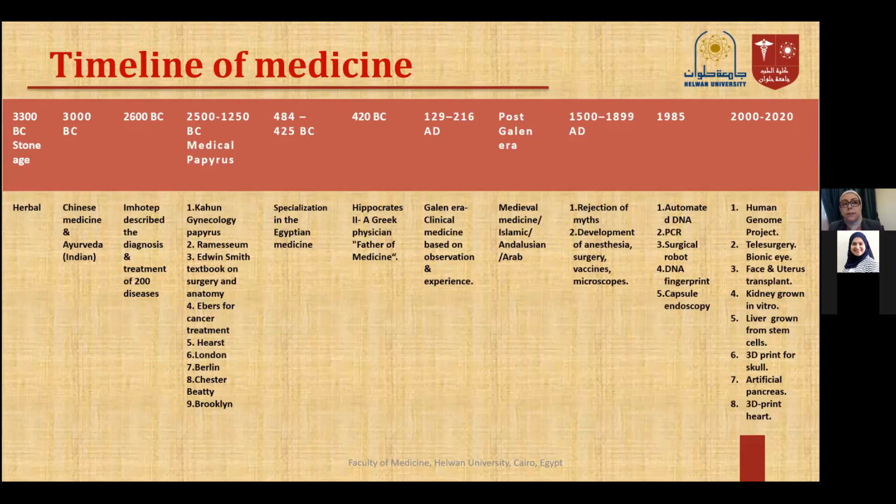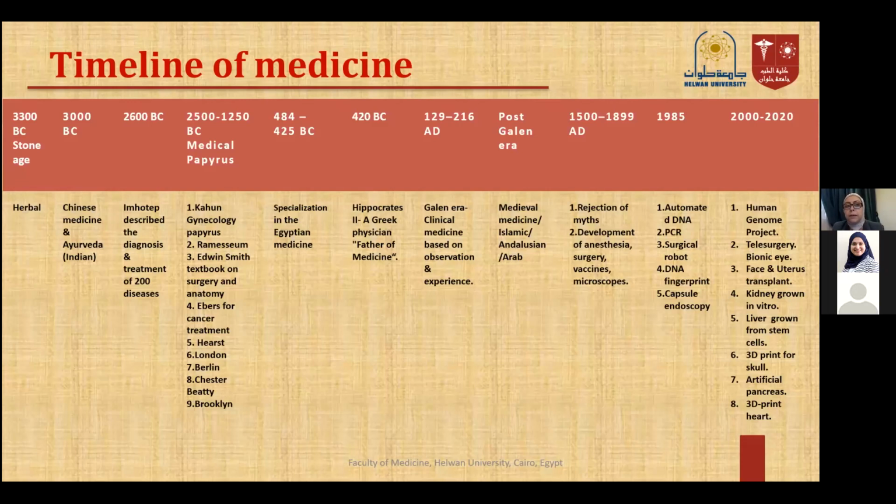At 2600 BC, Imhotep arrived in Egypt, and he was a physician, besides being the prime minister of the Old Kingdom in Egypt, and he described the diagnosis and treatment of 200 diseases.